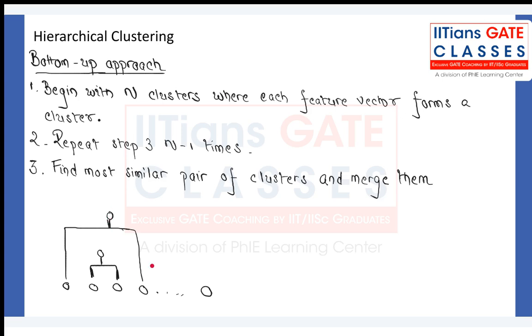So when there are n points here, you take two of them, merge them to one. So how many remain? N minus 1 remain. Then n minus 2 remain. Then n minus 3 remain, and so on and so forth. Finally, you have your single remaining, which is the entire data set. So there are two things about this tree.